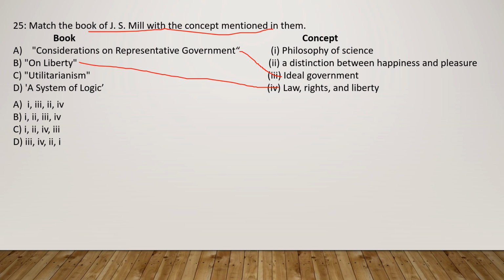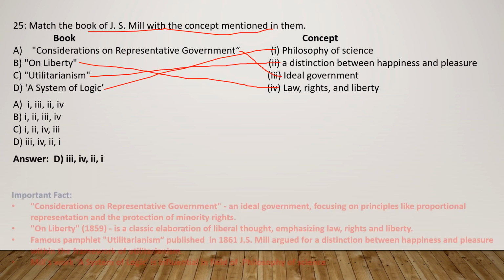Utilitarianism. It was a book written on a distinction between happiness and pleasure. About this also we have discussed many times. A System of Logic. This is related to philosophy of science. So the correct option is option D.